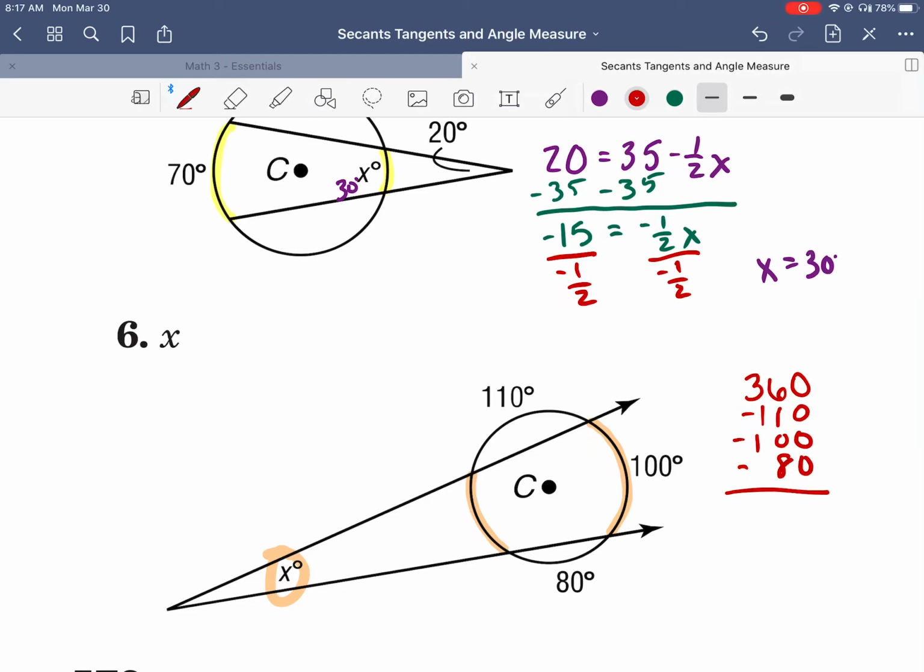Okay, so what is that? 170. So now I can do what I've been doing, half of the difference. Oops, it's not x. I know what it is, it's 70. So 100 minus 70 is 30. Half of 30 is 15 degrees.